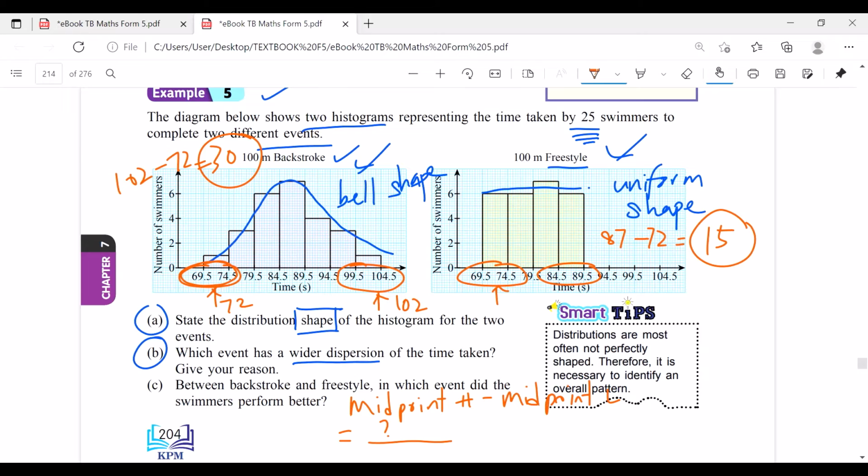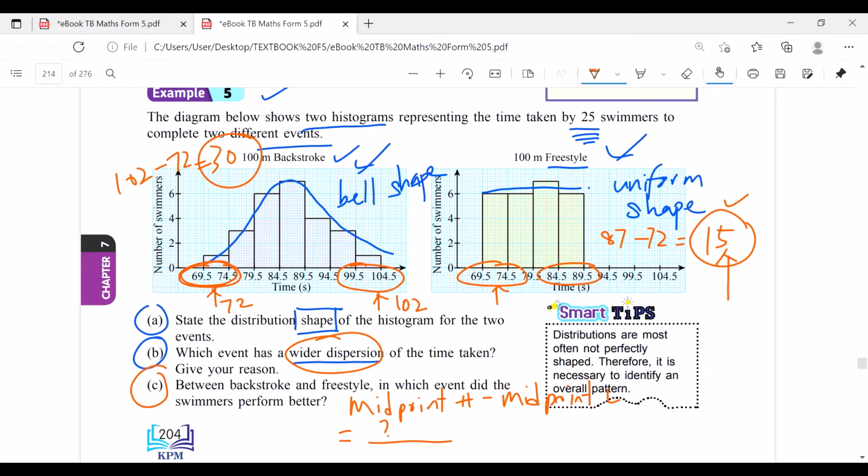So backstroke event has a wider dispersion because the range is 30. The difference of the time recorded is larger in backstroke, that is 30 seconds, compared to freestyle, only 15 seconds.